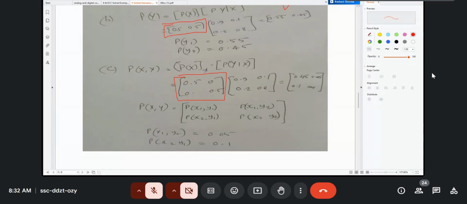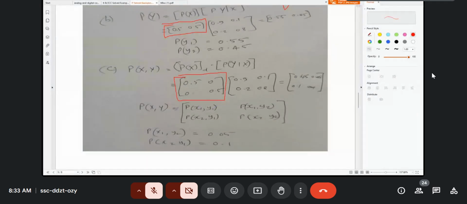You have two symbols, so you have to create a matrix that is the same size as this matrix, so that you can produce a 2 by 2 matrix. So this needs to be a 2 by 2, like this one. We make this diagonal and multiply the 2, and this is what we are going to get. And this is Px1, y1.